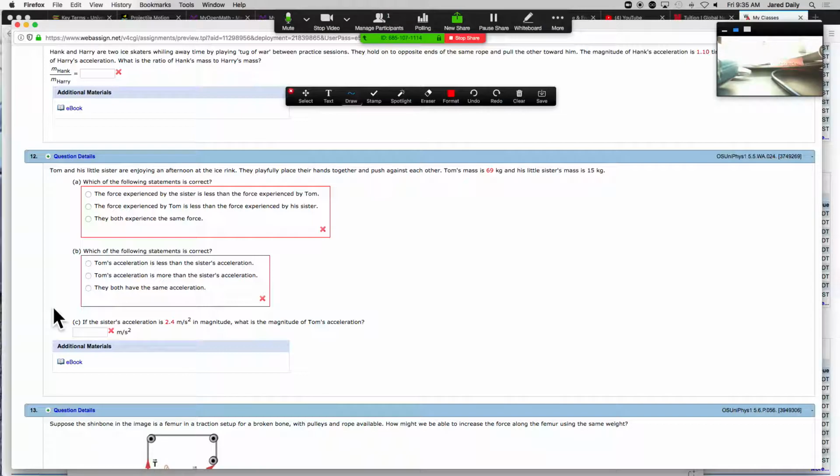So you can use the equation in the previous one, replace the names, and put in the correct masses and solve for the ratio of equations. And then you can use that ratio to solve part C, and to answer part A and B as well. So fairly straightforward, number 12, if you got number 11 right.